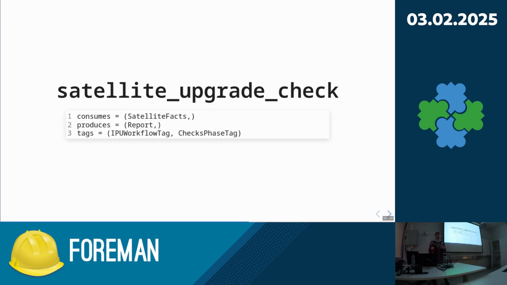In the upgrade from EL7 to EL8, we had to move around the PostgreSQL data from the SCL var directory to the non-SCL var directory. And it was a pain, and we had to figure it out and tell the user whether we can or cannot. This is why we have this check, and again it consumes the facts, it emits a report, and it runs in the checks phase, which I more call the report phase because that's what the user will see.